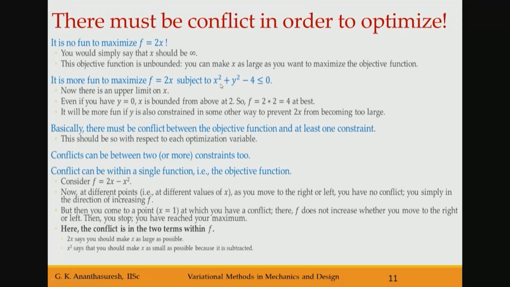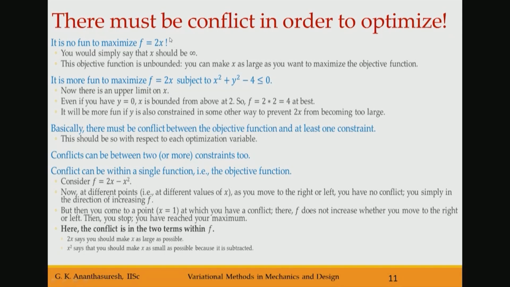If y equal to 0, x square minus 4 less than or equal to 0 limits x to plus or minus 2, right. So, you want to maximize it, you can go up to 2 times x equal to 2, that is 4, that is the best, right. Here in the first one when you say 2x, x can go to infinity, but here we are restraining x from going to infinity.